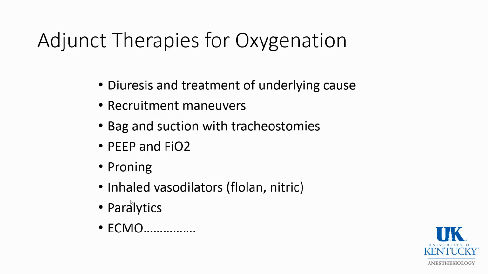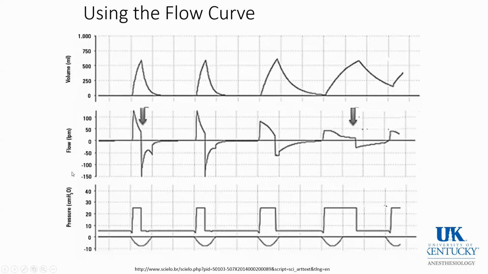Paralytics, they've been shown to make a big difference in things like ARDS, where you're trying to avoid further damage to the lungs and allowing us to take full control with the ventilator, decreasing the patient's oxygen consumption so that we don't have to give them quite as much oxygen while they get through their acute illness. And then ECMO, which, the sky's the limit with ECMO. We won't talk any further about that in this venue.